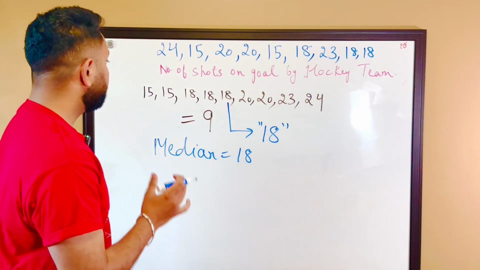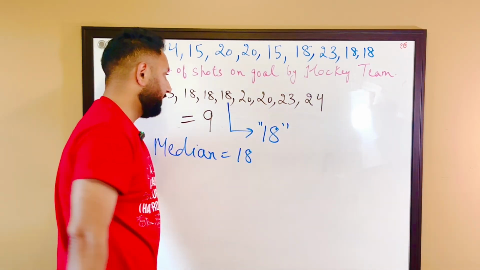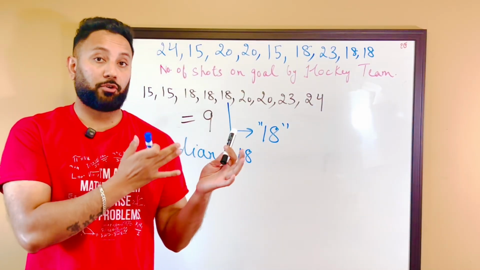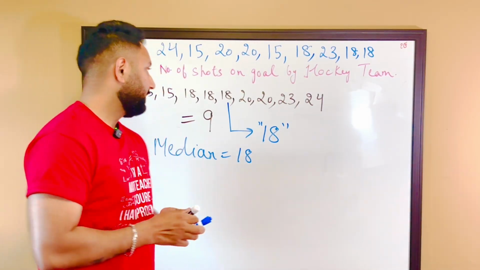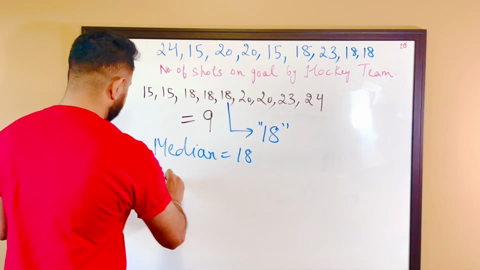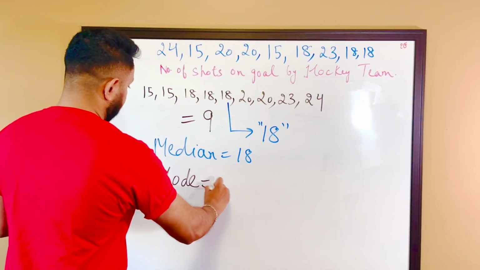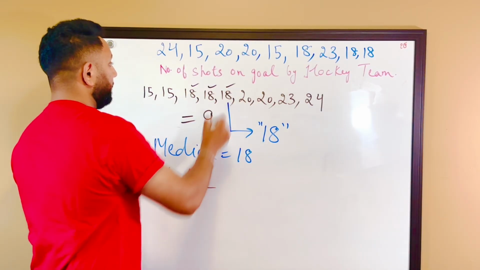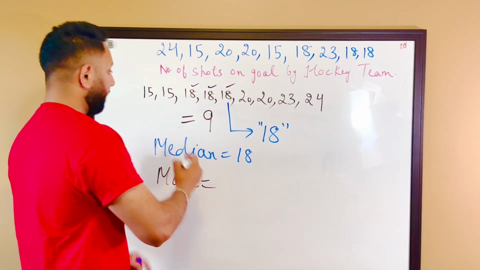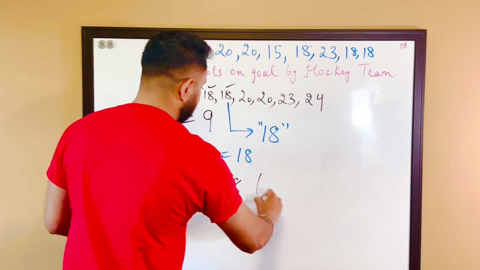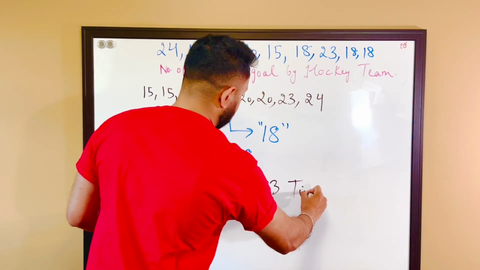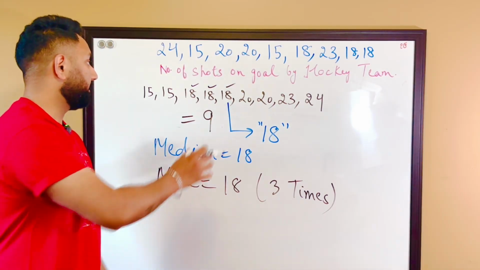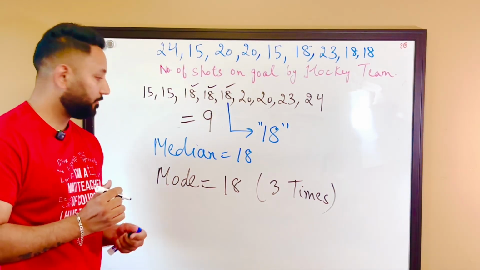Now we're gonna find the mode of these data values. As we know that mode is the number that occurs most frequently. So here 18 is the number that occurs most frequently, 3 times. So that means 18 is the mode of these data values.